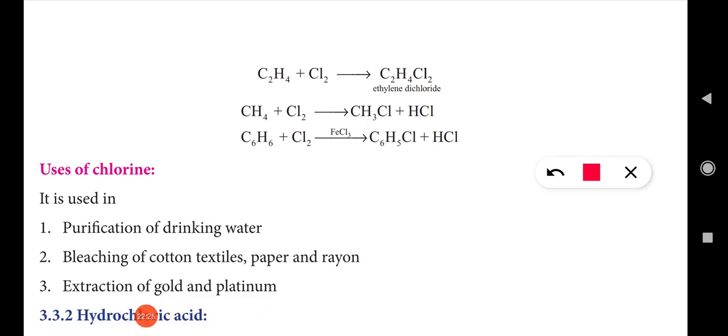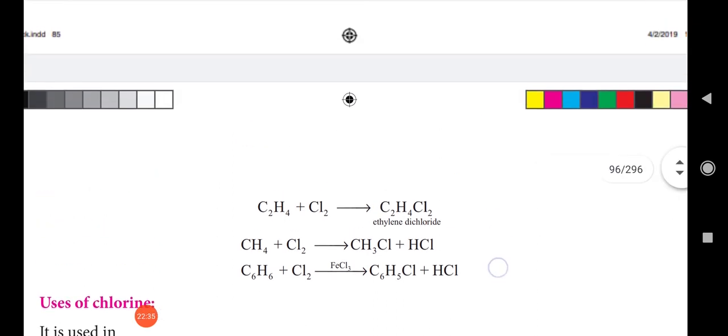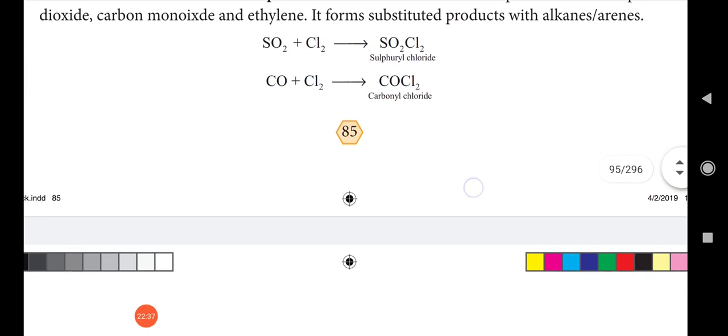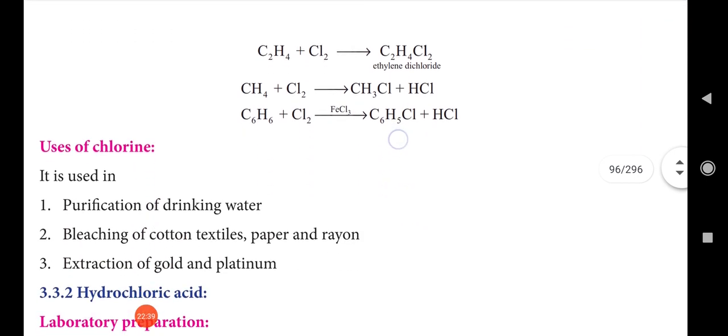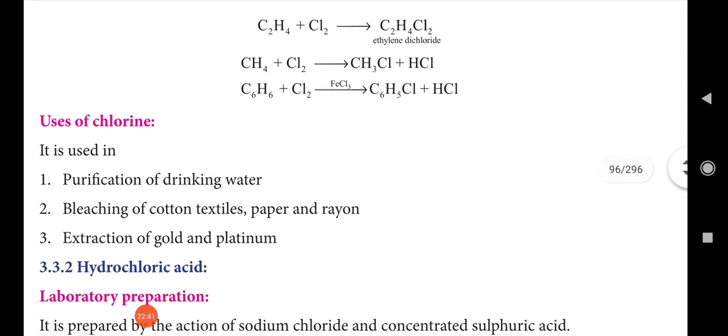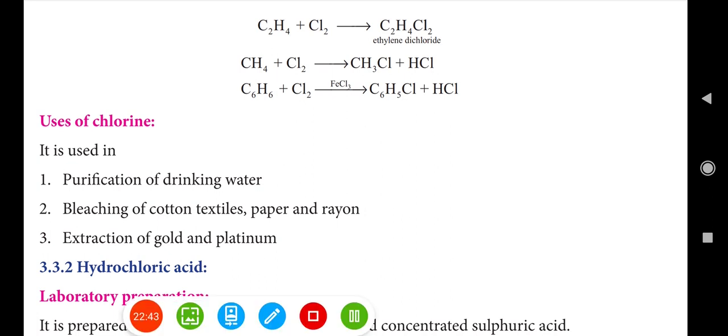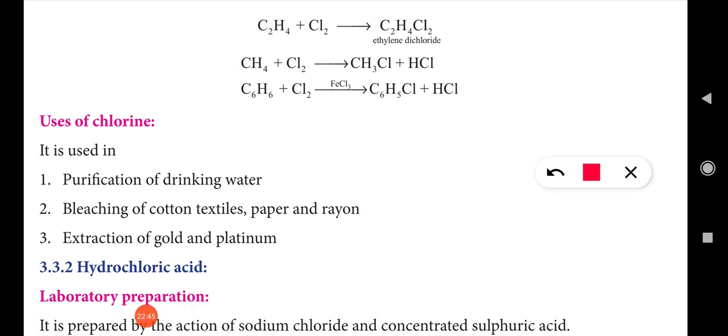Then substitution reaction. Chlorine can form substituted products with alkanes and arenes. Alkanes and arenes are given here. Alkanes are all aliphatic, and arenes are aromatic. We studied aliphatic and aromatic in detail last year.